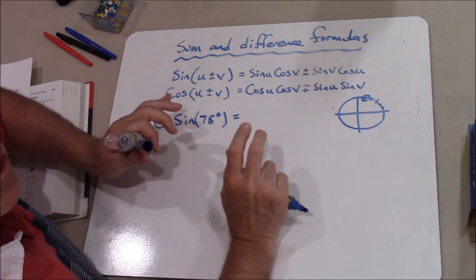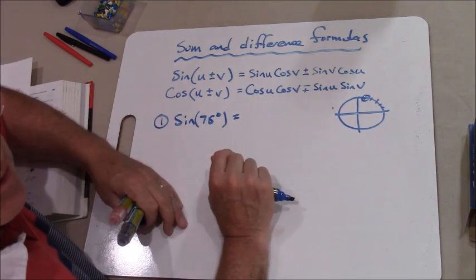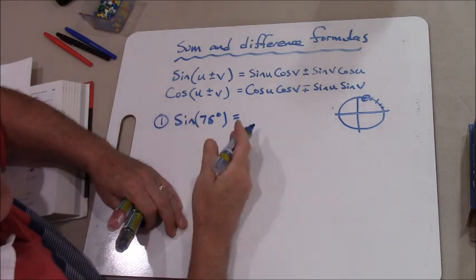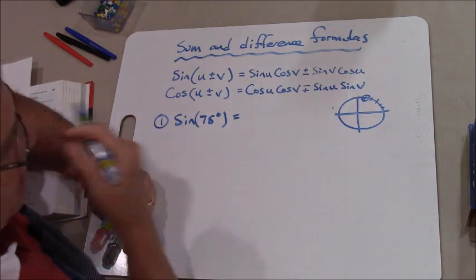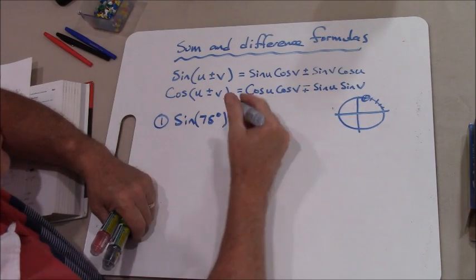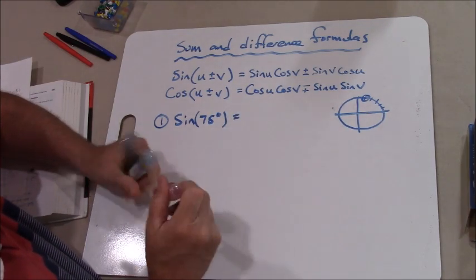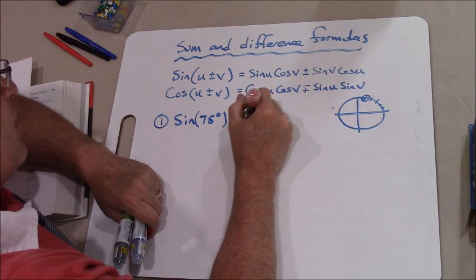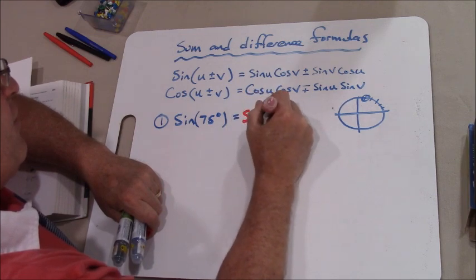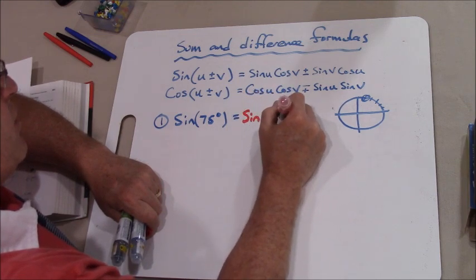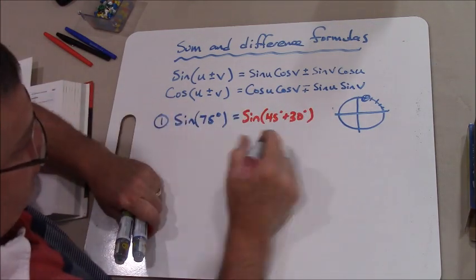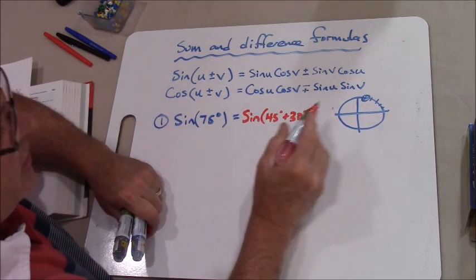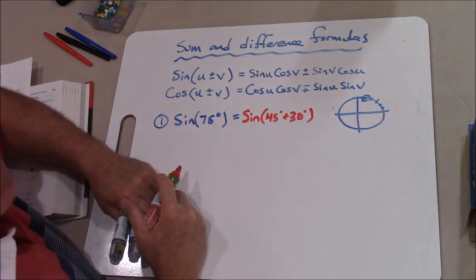I don't care what else you use, but use 45. That's not the only way to do this, but I think if you think that way, it makes it the easiest. So I would look at this and say, well, let's see, this is going to be the sine of 45 degrees plus 30 degrees. And both of these are tick marks that we know something about.